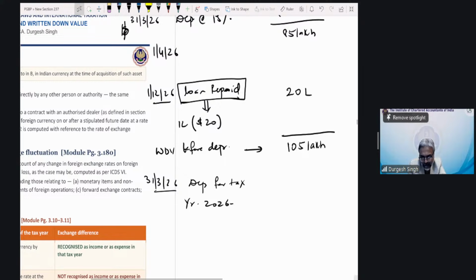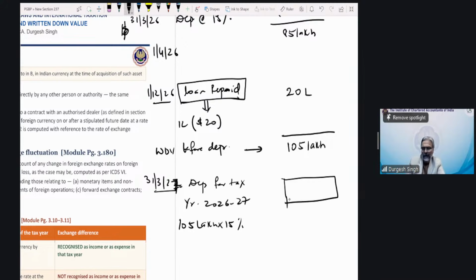Sorry, this is 2027. So, students, it would be 105 lakhs into 15%. Can you just give me the answer of this? You may calculate 105 lakhs into 15%. Can you just give me the answer?